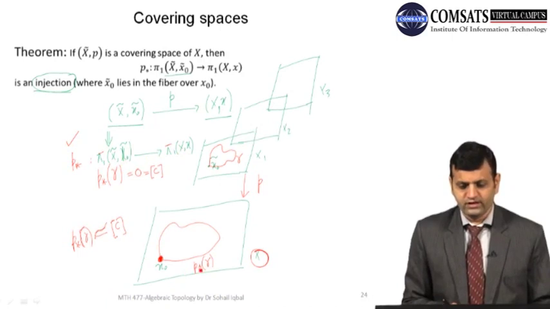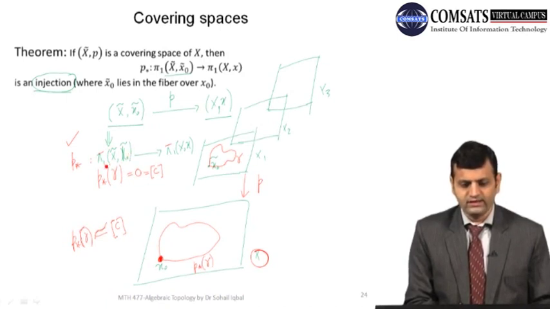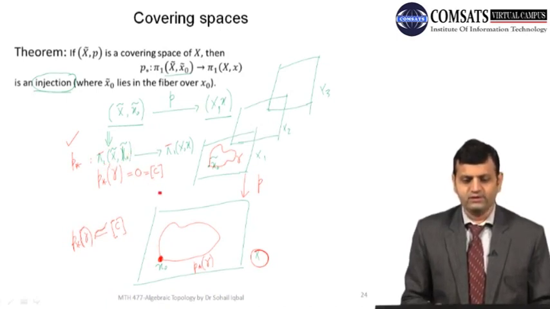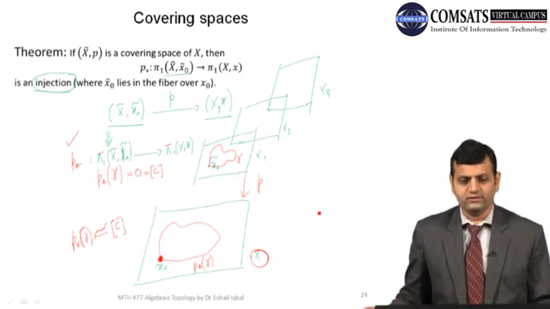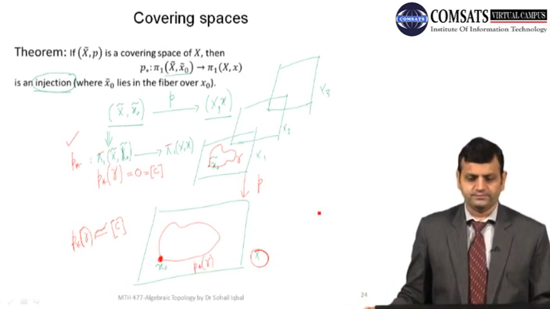So if p lower star gamma is homotopic to constant, then gamma will be homotopic to constant. In other words, if the image of some element of this pi1 is 0, then that element must be the identity element. So this theorem is true, that we will have an injection.